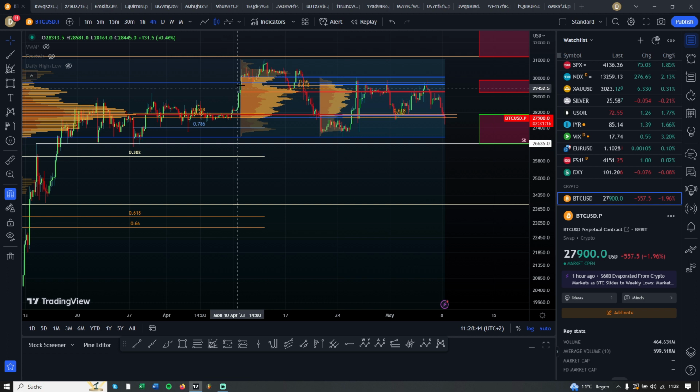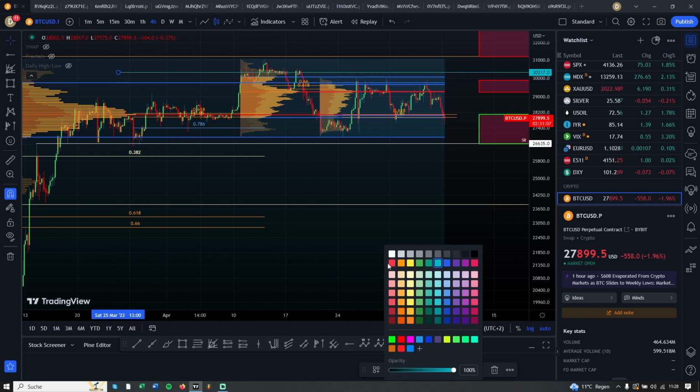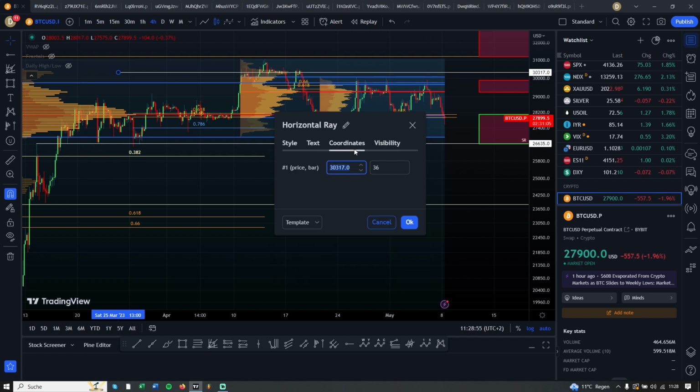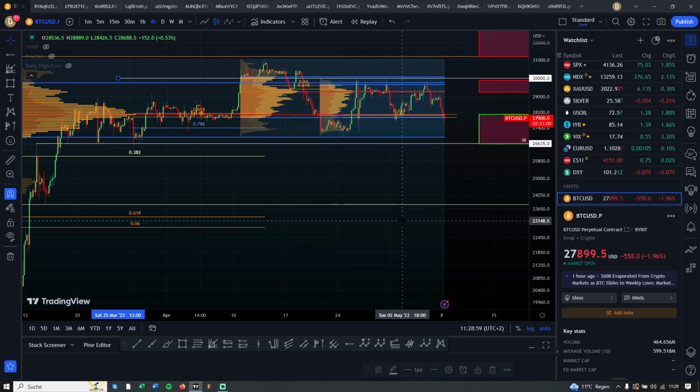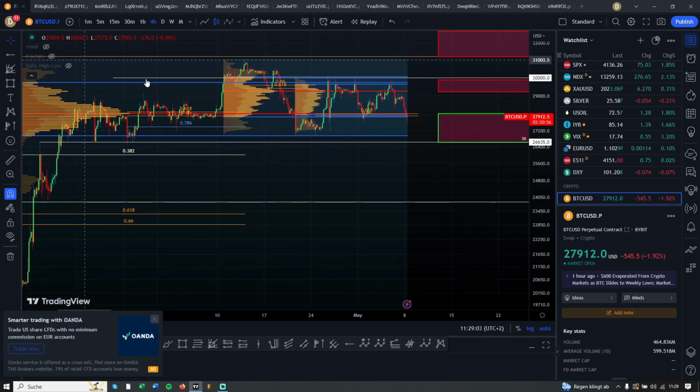And when we pushed above here, this ended up at around 31k. So if I put in a line here, let's make this white, and coordinates 30k, you see how freaking well this is respected.